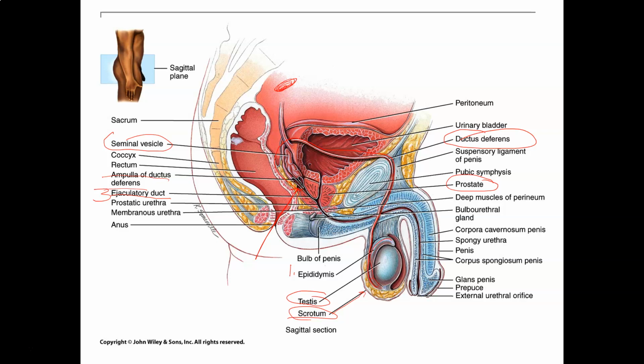And it makes various products that, in addition to the seminal vesicle, get secreted into the ejaculatory duct, mixing with the sperm to form semen, S-E-M-E-N. So semen is sperm plus the secretions from these glands, prostate and seminal vesicle. So that's why they call it the ejaculatory duct, because that is the material now that's going to be released shortly from the male, a process called ejaculation.